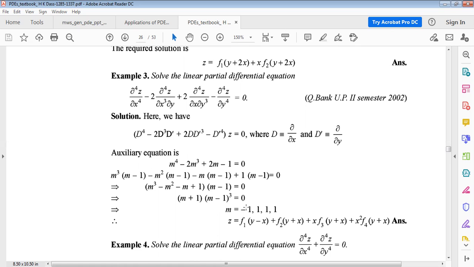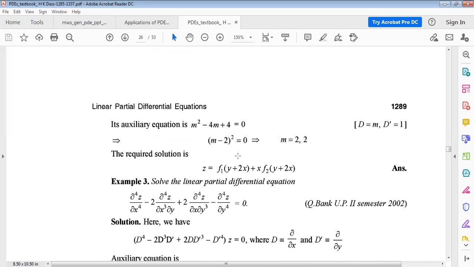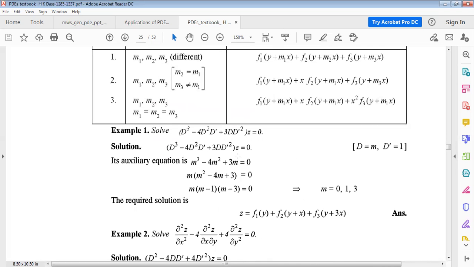After solving, we get repeated roots, and the solution can be written as f1(y minus x) and so on, along with terms in y plus x. For repeated roots, we must first write f(y plus x), then x times f(y plus x), and then x square times f(y plus x). The solution of the partial differential equation can be written like this.